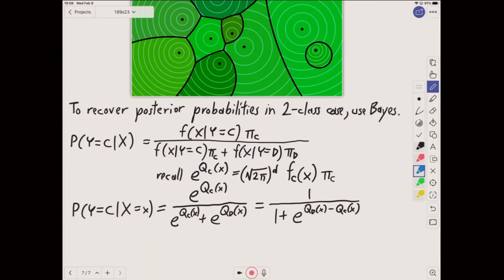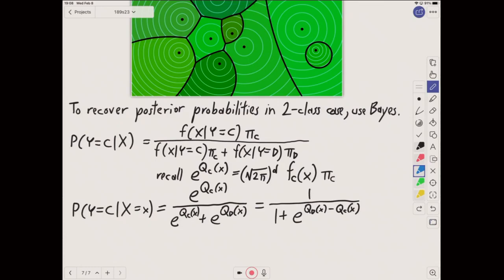Now at this point, you might recognize that this QD minus QC is basically just my decision function, minus my decision function to be precise. But this is the same decision function we used before with a minus sign. So I'm going to express that in two parts.